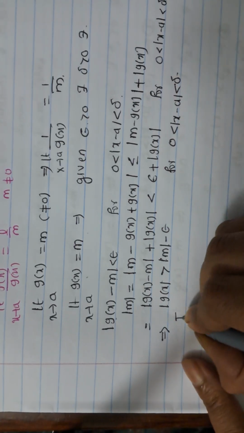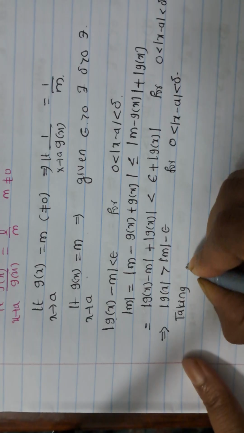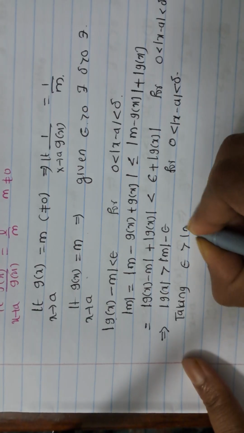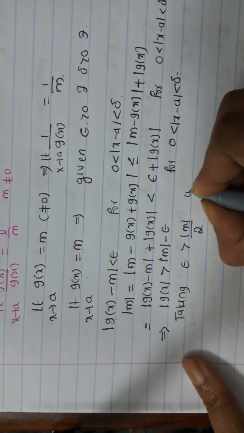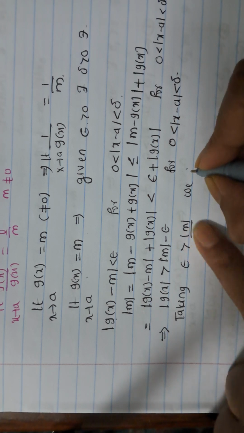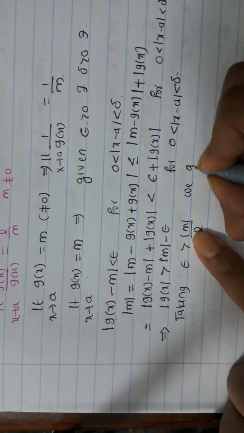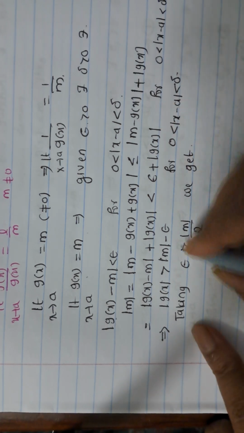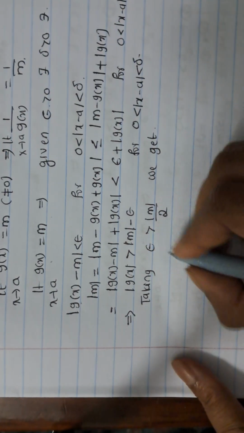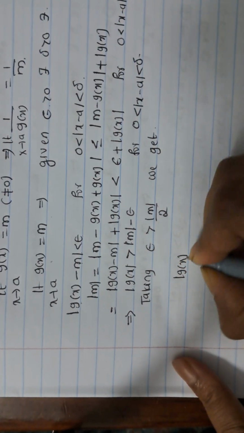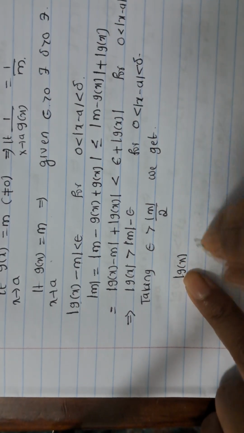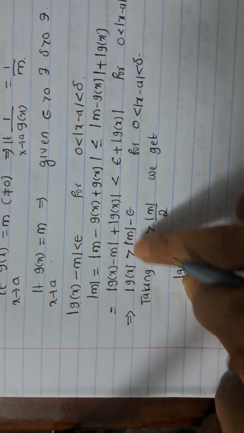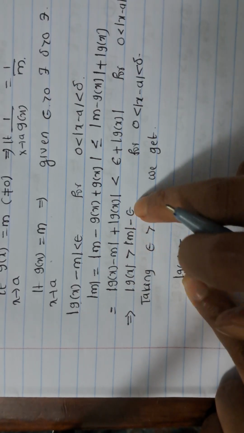Now what we do is take epsilon equal to modulus of m upon 2. We choose our epsilon in such a way that it is modulus of m by 2. So we get modulus of g(x) greater than modulus of m minus epsilon.